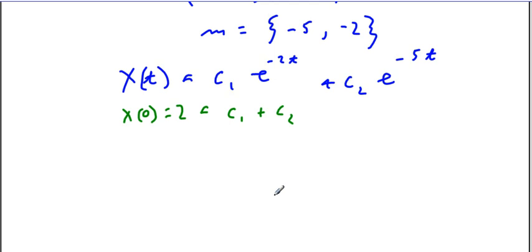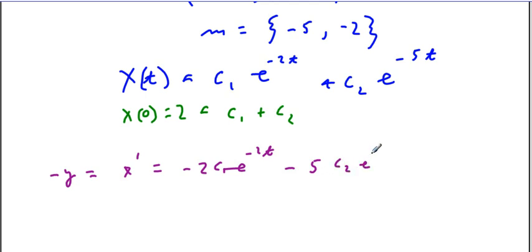Okay, and then I look at x prime, which is equal to minus y from up above. So I got x prime, I got minus 2 c1 e to the minus 2t minus 5 c2 e to the minus 5t.